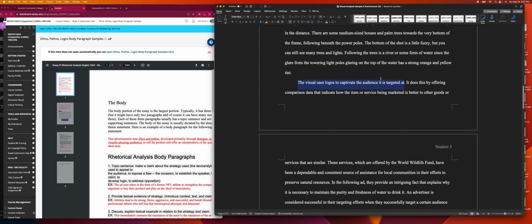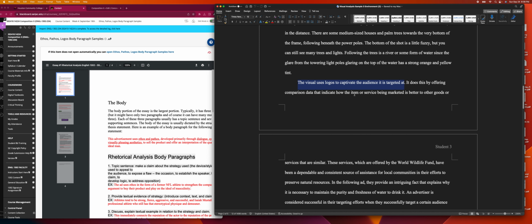First of all, what elements does the logos use in order to make a particular claim? This student should make a claim about what the logical, reasonable argument is in the photo, right? You could say something like, the visual uses logos to reiterate the fact that the environment is in trouble.